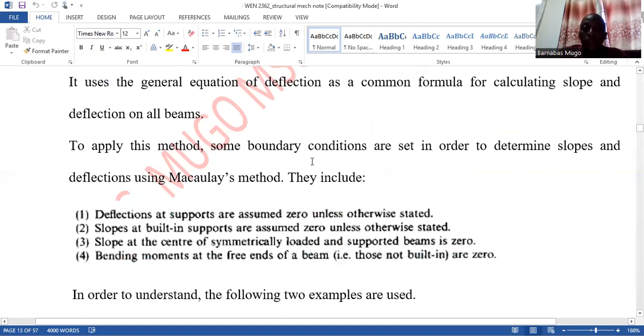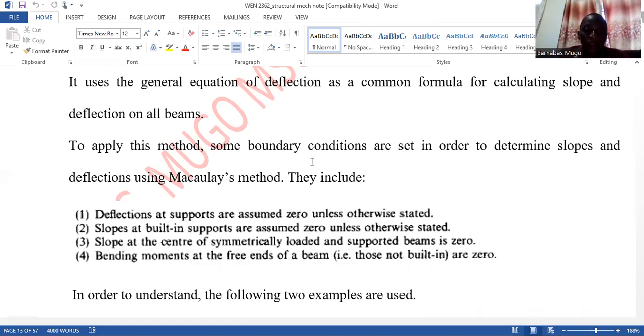To apply this method, there are boundary conditions which you are supposed to set in order to determine the slope and deflection. We need to know that deflection at the support is assumed to be zero unless otherwise stated.